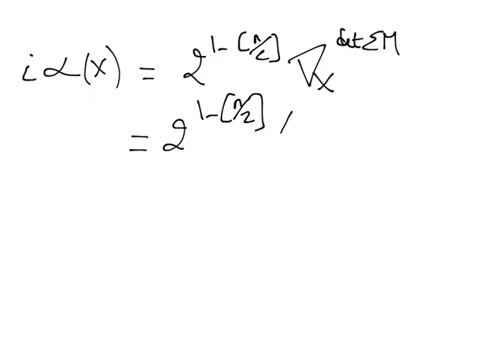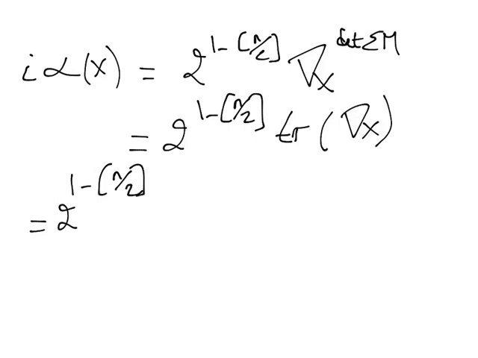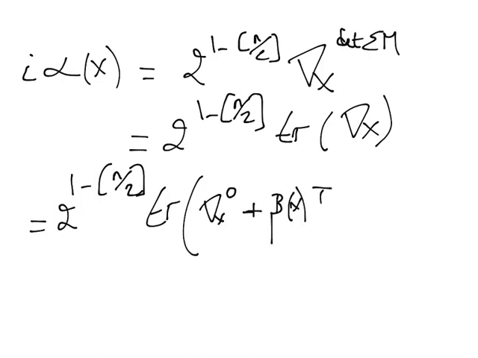By definition this is 2 (1 minus n over 2) times the trace of nabla x on sigma of M, which is a complex line bundle. We have nabla x is now nabla x0 plus beta of x identity, which is nabla x0 plus nabla prime, of course.